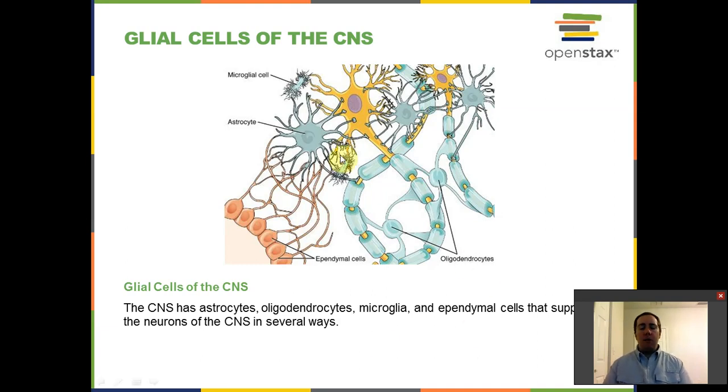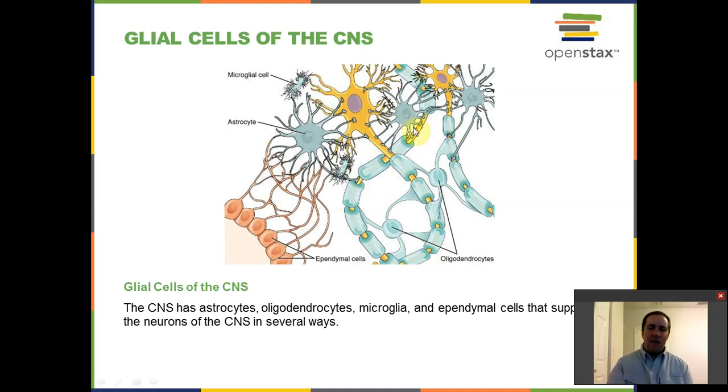So we haven't learned about the parts of a neuron yet, but if we look at this neuron, notice that there are small branches at the top here, and then there's one very long, big branch coming out the bottom. That long branch coming out the bottom was the axon. And notice we said that the oligodendrocyte puts myelin on the axons.